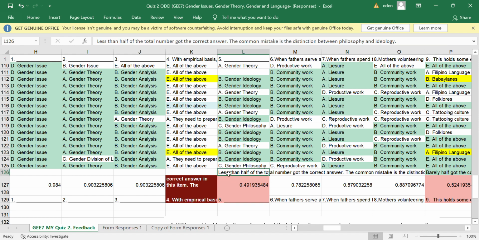Less than half of the total number got the answers correctly. The common mistake is the distinction between philosophy and ideology. When we talk of philosophy, it is simply a set of ideas or beliefs about something that people are not entitled to question because that is your own philosophy. Philosophy is always subjective.